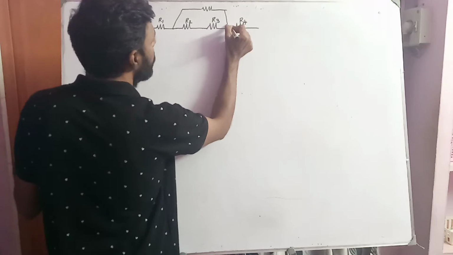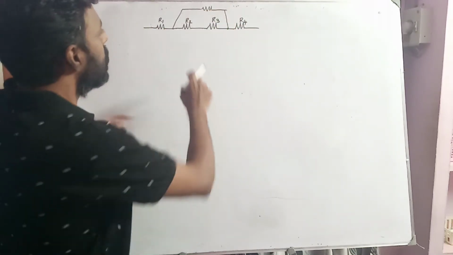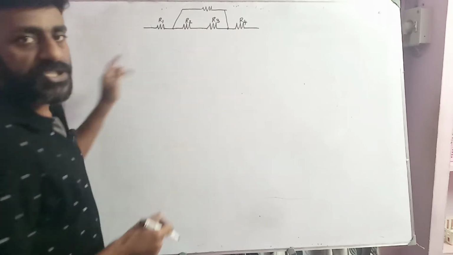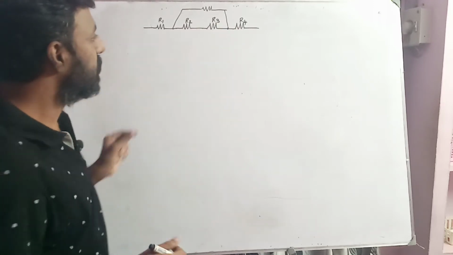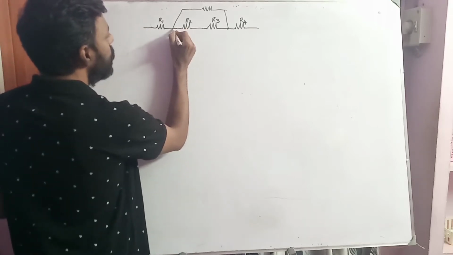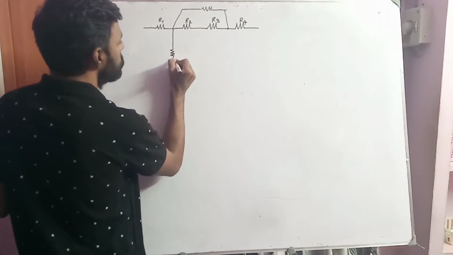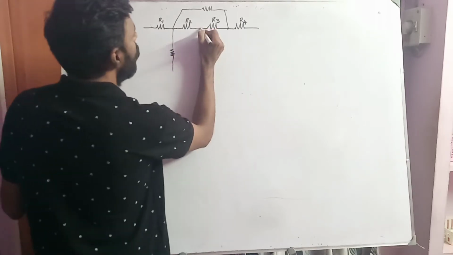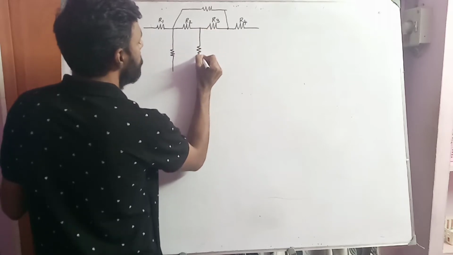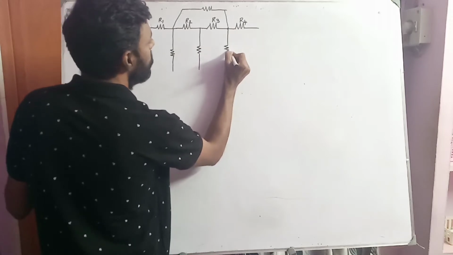Here two junctions have been formed. Now from this junction I'm going to connect another resistor. Again from here I'm connecting another resistor. Again from here I'm connecting another resistor.